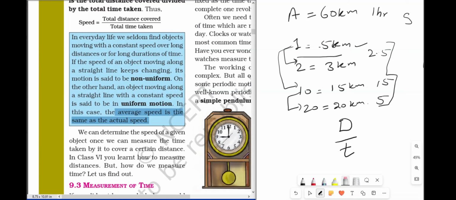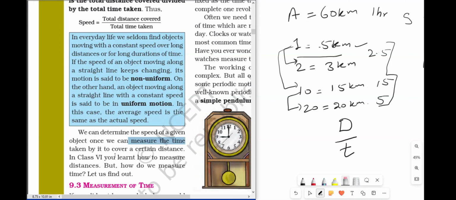So two things, what are we saying? To measure speed, what do we need? We need the time, and we need the distance, और ये डिस्टेंस उसने कितने टाइम में कवर किया. You understand, right? So if we have these two things for any object, we can find its speed.